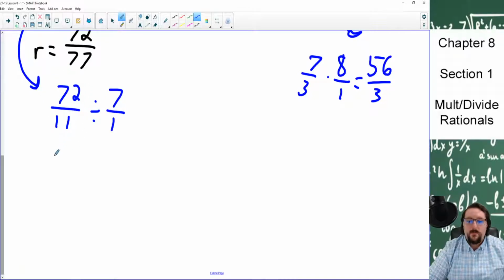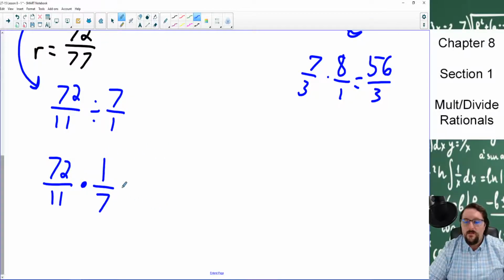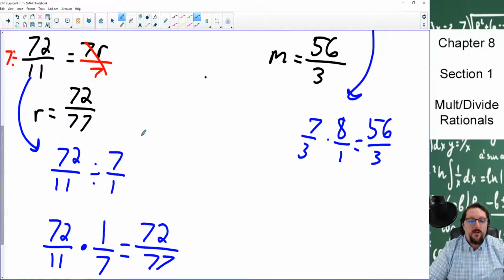We keep the first bit. We change the sign to a multiplication, and we flip, or find the reciprocal of, the second item. And then again, just like before, we multiply across, which is where our 72 over 77 came from. This is just a little review of multiplying and dividing by fractions before we get into today.